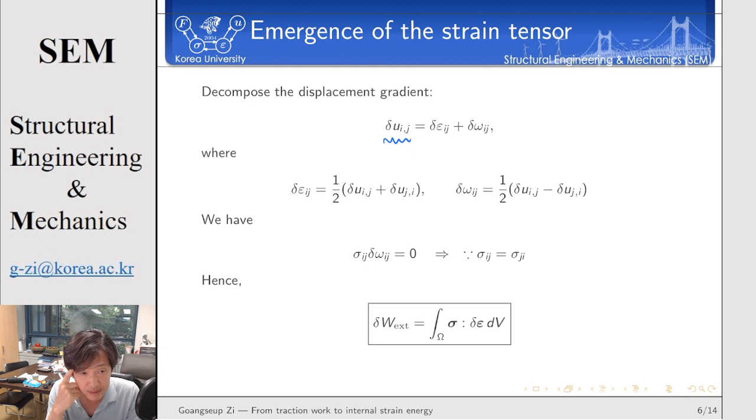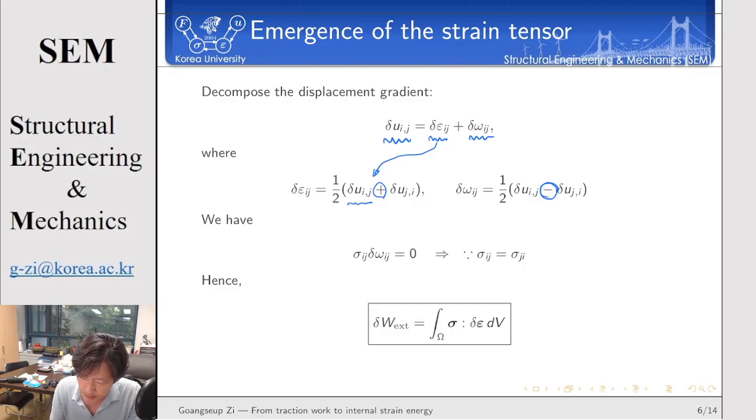That means delta u i comma j can be represented by a 3 by 3 square matrix. That's why we can consider its symmetric part and its anti-symmetric part. To represent the symmetric part, we can interchange i and j with a plus sign, and to represent the anti-symmetric part, I have a minus sign here.